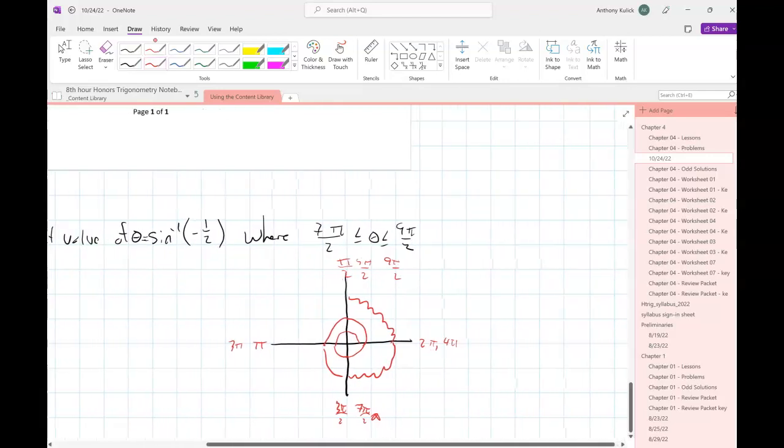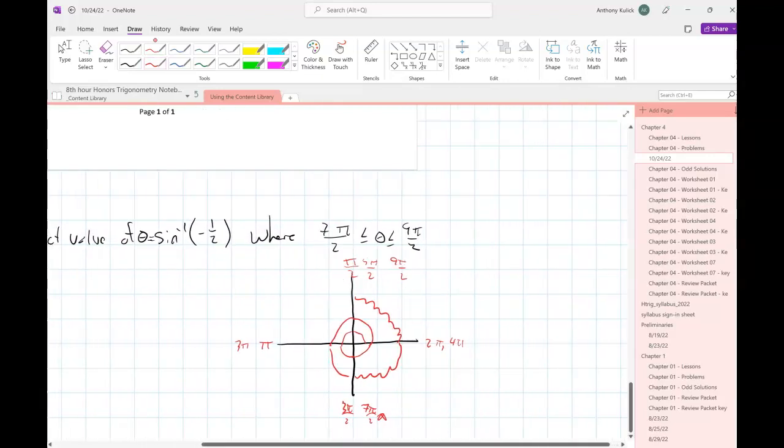Great! So what quadrants did we cover? 1 and 4. Is it always going to be 1 and 4, Mr. Kulik? No, it won't always just be quadrants 1 and 4.